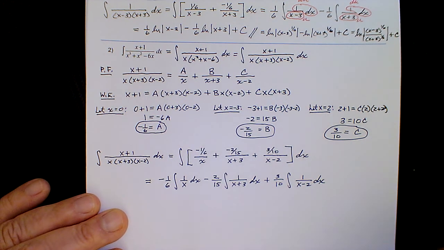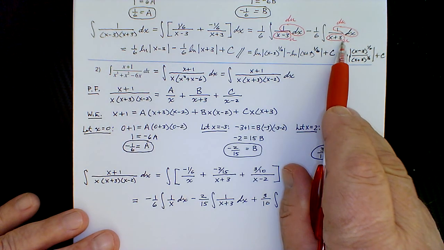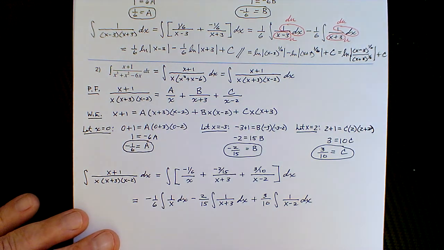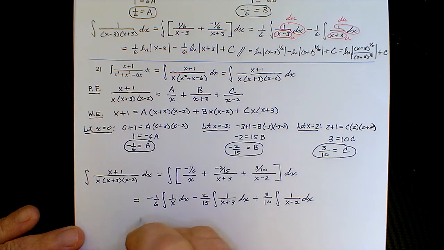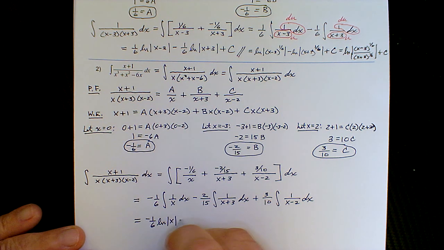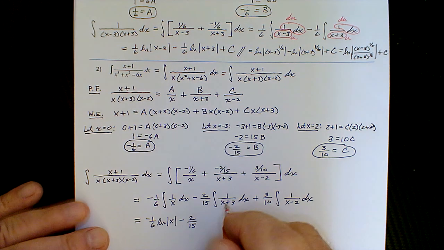And similar to the last situation, a formal u substitution really isn't necessary. Well, first off, 1 over x, it's pretty much by memory, or it should be. Recognize that to integrate to be the natural log of the absolute value of x. But then for each of the remaining integrals, again, a formal u substitution shouldn't be necessary.